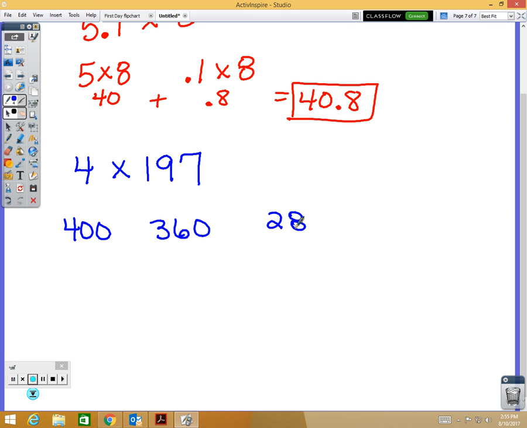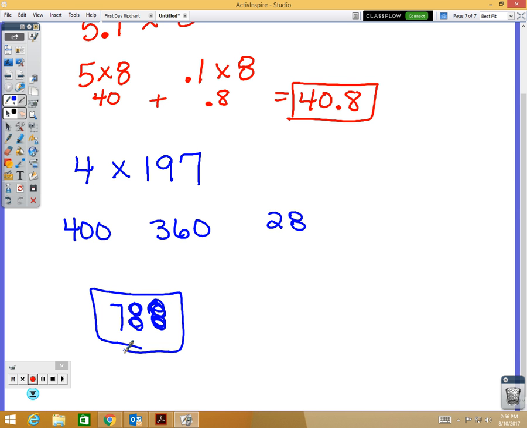So now let's add up our place values. 4 times 90, right? That's okay. So again, that's breaking it apart.